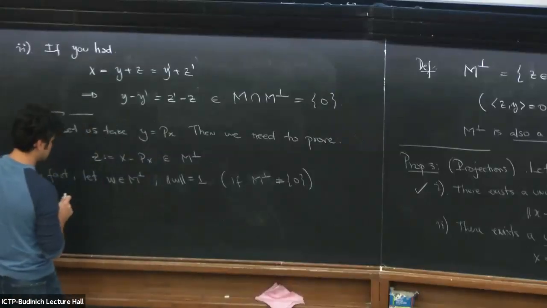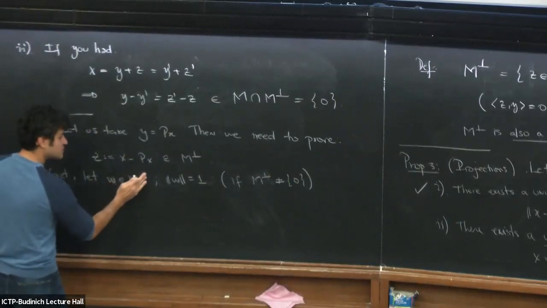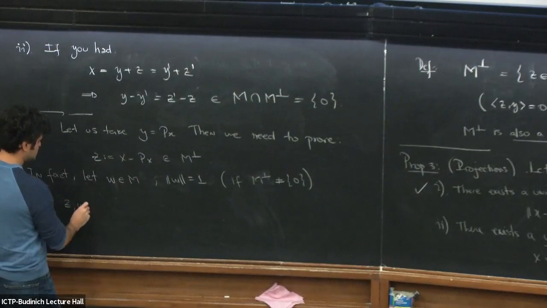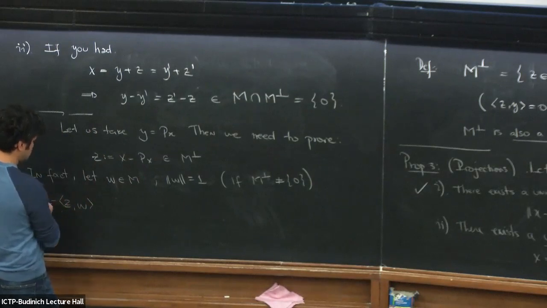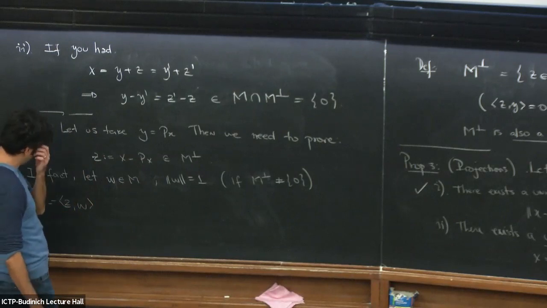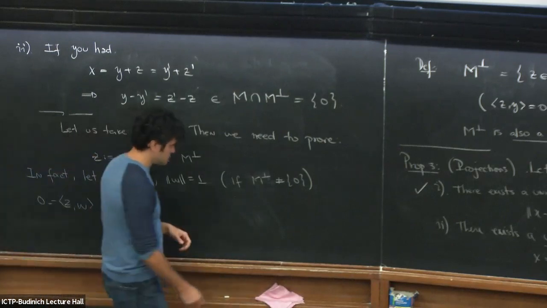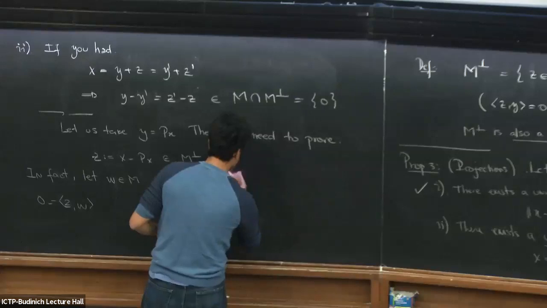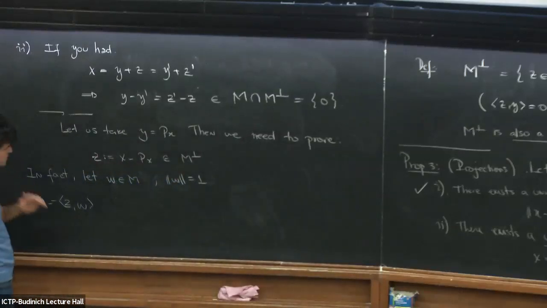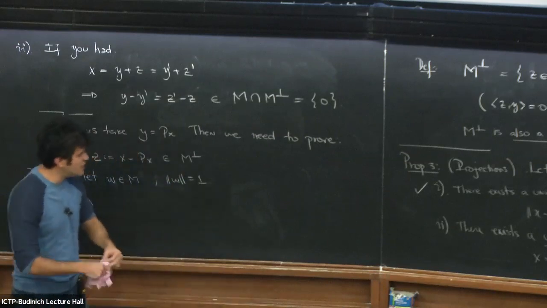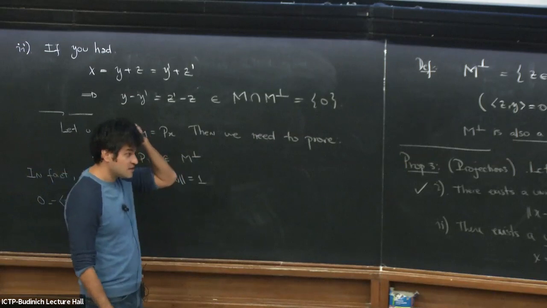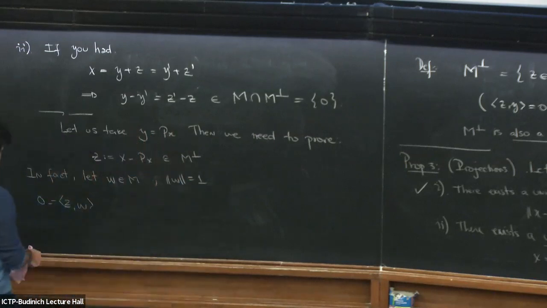So this means that it has to be perpendicular to any guy in M. So I want to show that this Z, scalar any guy W, is 0. But what do I do now? And again, you rule out the trivial case. Of course, if M is the trivial subspace, you're not interested in that, right?